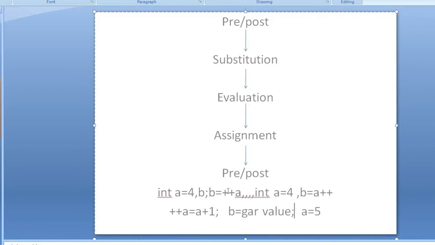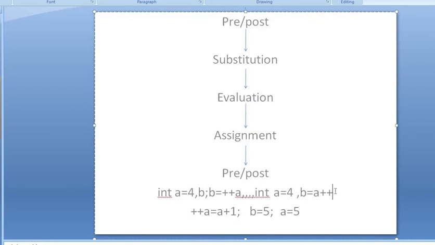In this, it is first incremented and then assigned. So as it is incremented, a becomes 4 plus 1, that is 5. Now a is 5 and then it is assigned to b. So after assigning, b becomes 5. In the case of pre-increment, both a and b are assigned the value 5.